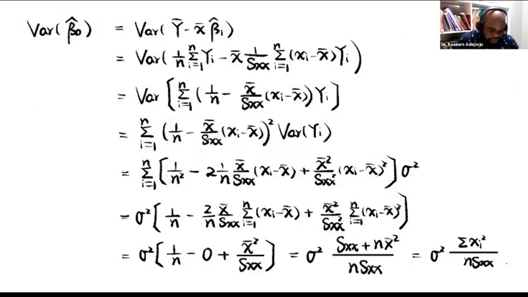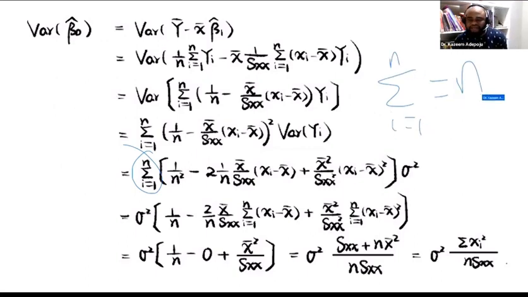Now, the next thing we are going to do: if you take a look at this summation, summation from i equals 1 to n is the same thing as n. So I'm going to use it to multiply this, which is going to be n over n squared.